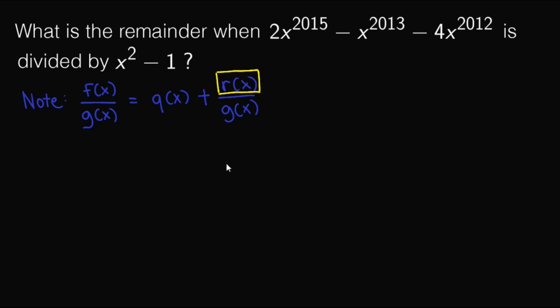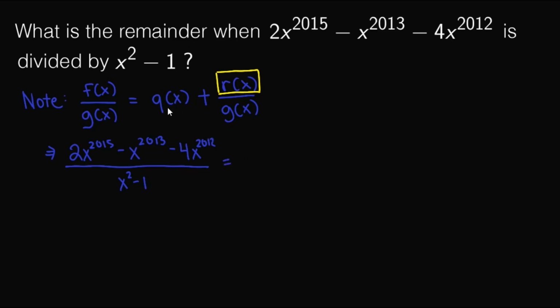Now, let us define what these functions are. Clearly, our dividend is 2x^2015 minus x^2013 minus 4x^2012, all over our divisor, which is x squared minus 1.